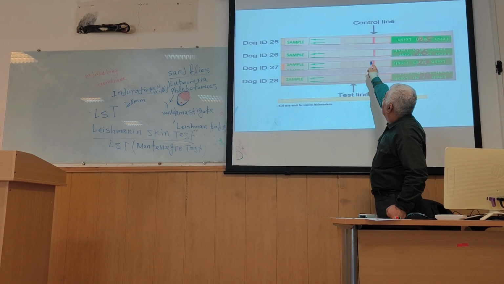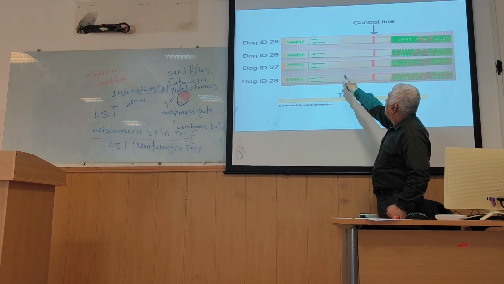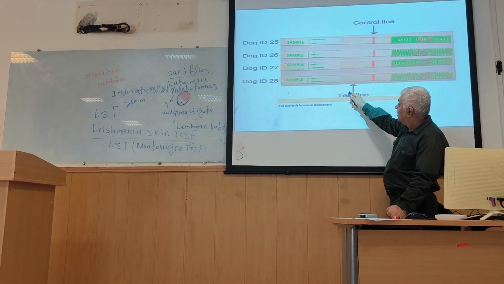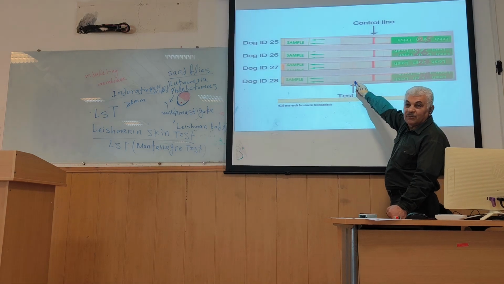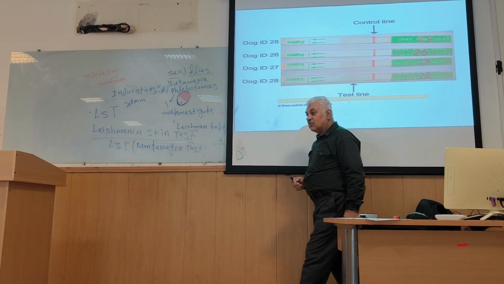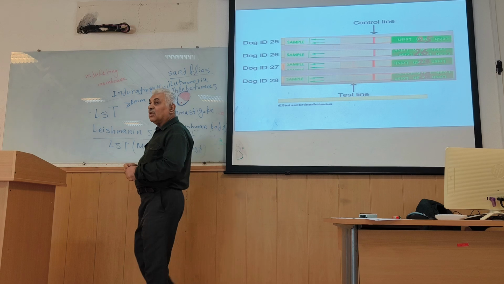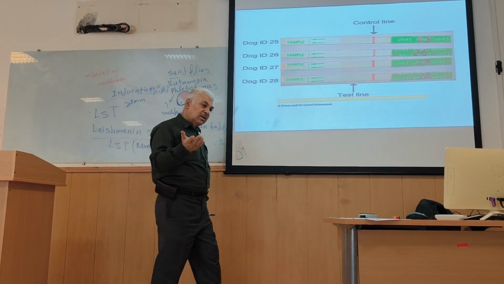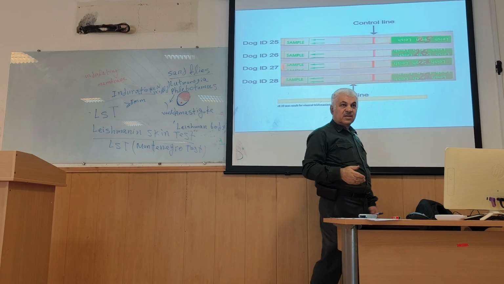The second, negative. The third, positive, because of the test line. And the fourth, positive. So we can use the rapid test for the diagnosis of visceral leishmaniasis in humans and in the animal reservoir host.